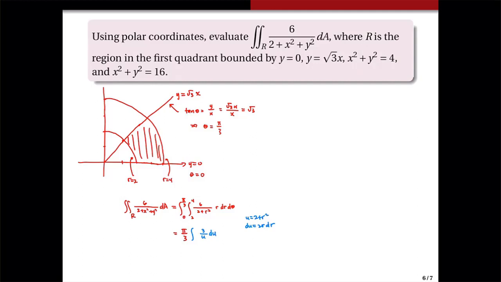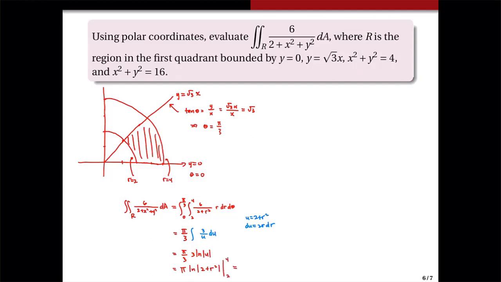If we continue from here, we will have pi over 3 times 3 ln absolute value of u. But u is 2 plus r squared, so let's replace that. You will have the 3 over 3, so we'll just have pi times ln absolute value of 2 plus r squared. And now we evaluate this from 2 to 4.